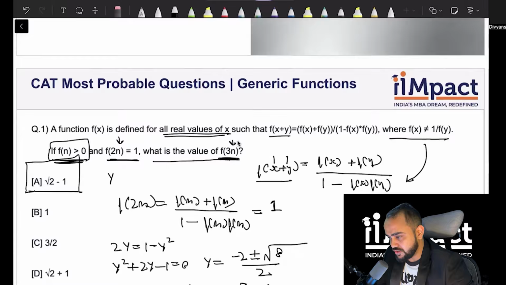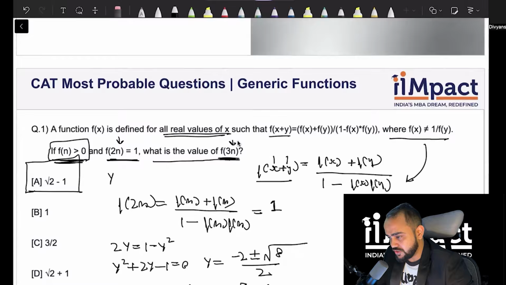The only reason they would do this is that during the course of the solution, I might come across a case where f of n can be negative, which I will have to reject. So, right off the bat, I can feel that some sort of quadratic is going to be met.